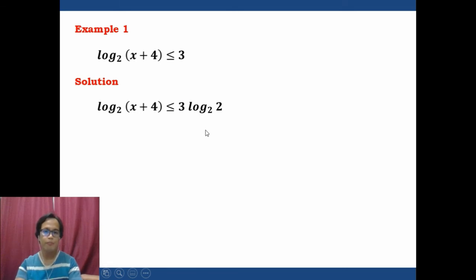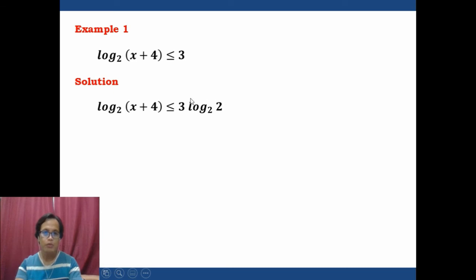Now question, where did we get log of 2 base 2? The concept here is that we simply multiply 3 by 1. When we multiply 3 times 1, it is 3, so we did not change the value of the right side of the inequality. Log of 2 base 2 is just equal to 1.